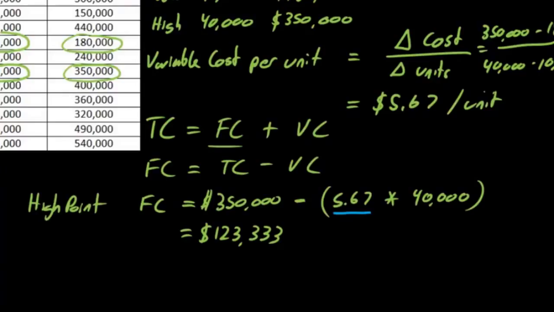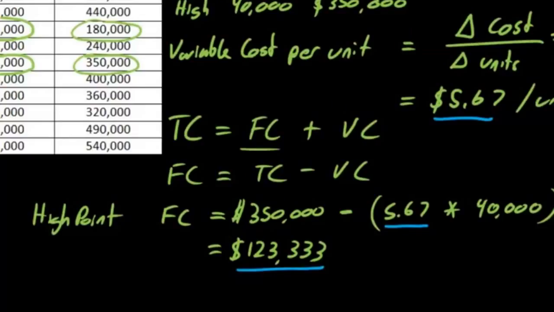Now you may have gotten a slightly different number because I actually rounded to get this at 5.67. I think when you actually work this out, I used 5.66667 and something. So you may have gotten a slightly different number, but your number should be really close to $123,333, and that is our fixed cost.